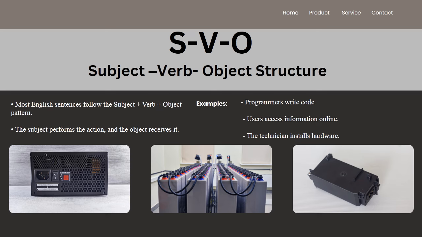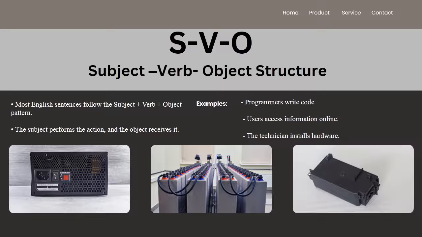Now let's move to SVO structure. English is a very structured language, and one of its most important patterns is the subject-verb-object order, which makes it different from many other languages. The subject performs an action, the verb describes that action, and the object receives it.